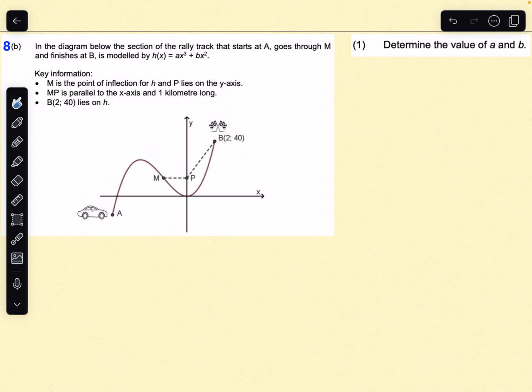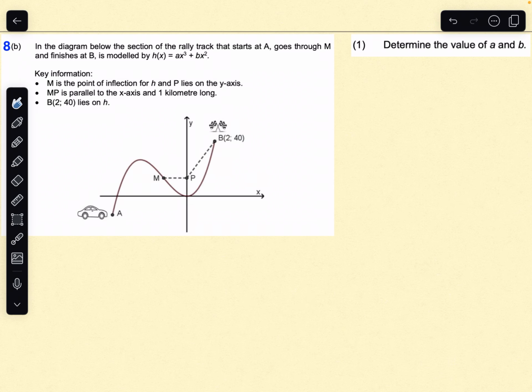Today we're looking at IEB's May 2024 Paper 1 Question 8b. In the diagram below, the section of the rally track that starts at A, goes through M and finishes at B, is modeled by h of x equals ax cubed plus bx squared, so it's a cubic.